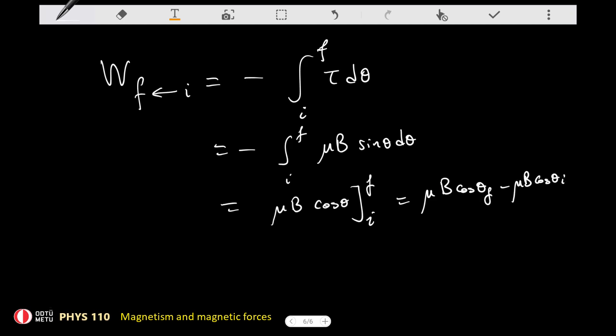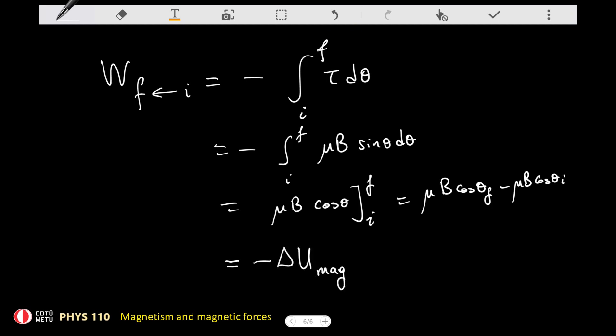Right. This is a conservative work done actually. Work done depends only on the final orientation angle and the initial orientation angle, so it doesn't depend on the path. So as a result, I can then define a potential energy. So this is the magnetic potential energy if you want.